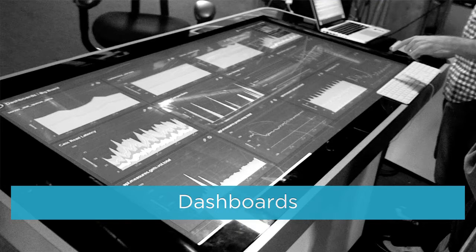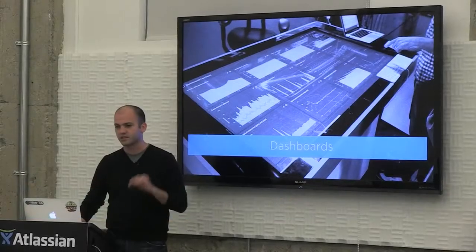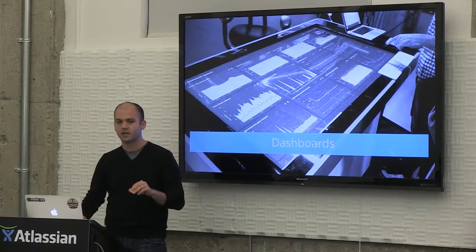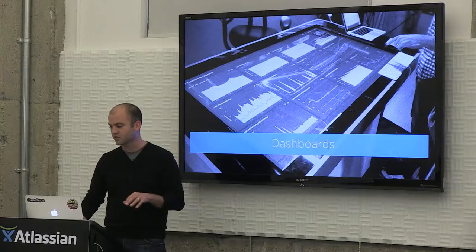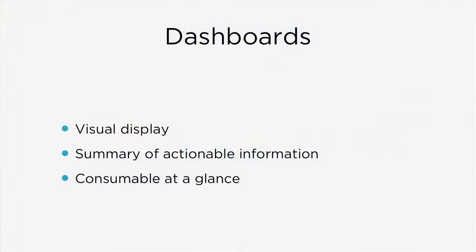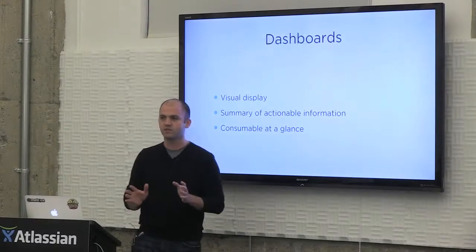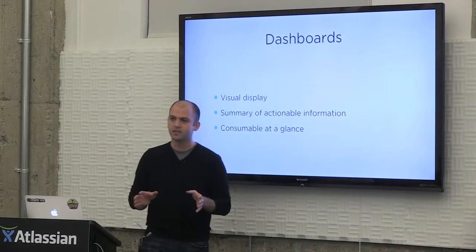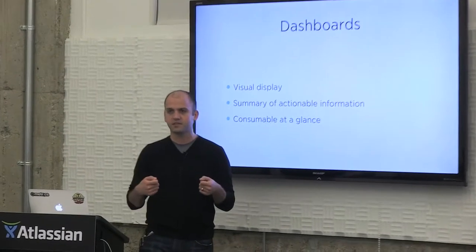So I'm going to focus on dashboards specifically for visualization, because I think for monitoring SaaS infrastructures, those are of particular use. If you want to define dashboards, they're a visual display, and it's a summary of actionable information. That means it's not going to tell you everything you need to completely do your job. It's going to give you a summary of all the high-level things you need to know.